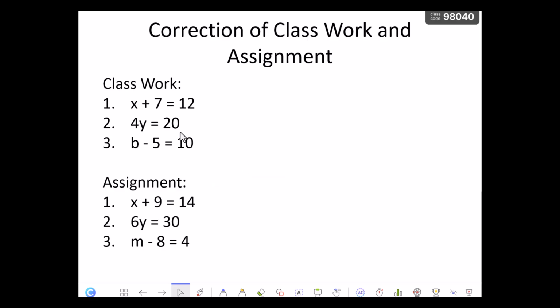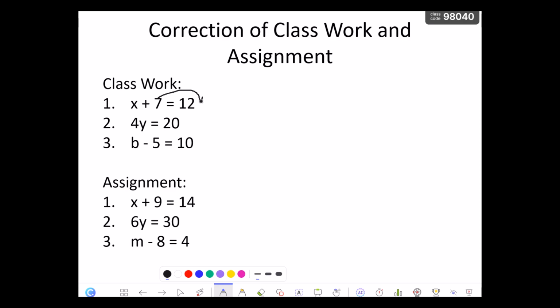So this was the classwork of last week. This is the assignment of last week. In our classroom, we did the correction of the classwork and the assignment. As usual, don't forget the first solution. To get x in the first classwork, we said the positive 7 is crossing over to this side.